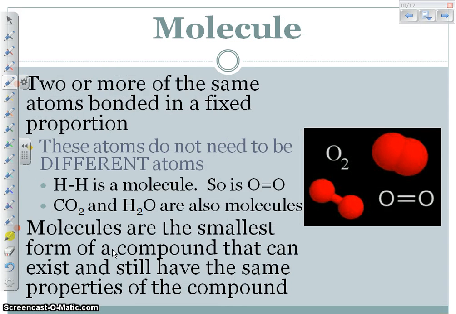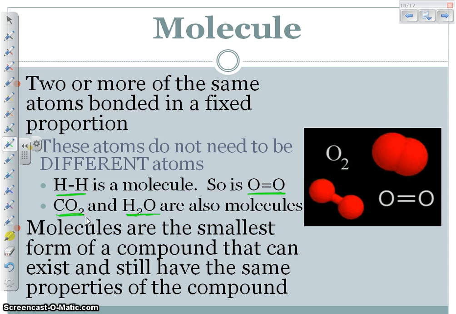A molecule is basically 2 or more of the same atom bonded together in a fixed position. Okay, these atoms do not need to be different atoms. So hydrogen bonding to another hydrogen is a molecule. Oxygen bonding to oxygen is another molecule, but we could also have carbon bonding to 2 oxygens as a molecule, and 2 hydrogens bonding to an oxygen as a molecule.